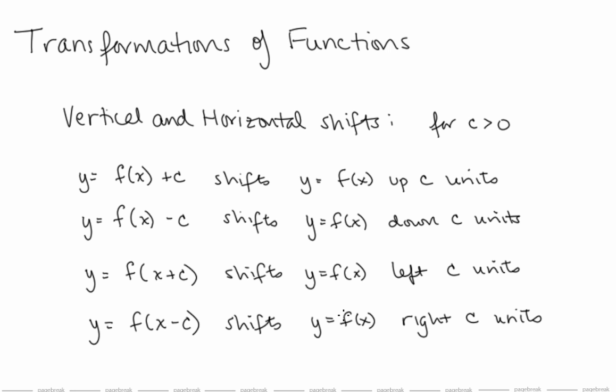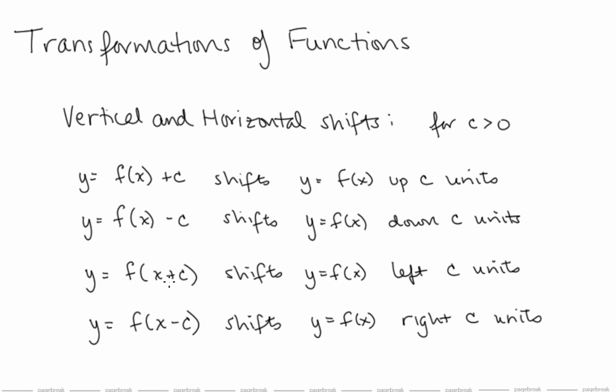So we've seen a collection of basic functions so far. Now we want to be able to take those basic functions and translate them about the plane. So for vertical and horizontal shifting, let's consider c to be a positive number. Then y equals f of x plus c is going to shift the graph of y equals f of x up c units. y equals f of x minus c shifts the graph of y equals f of x down c units.